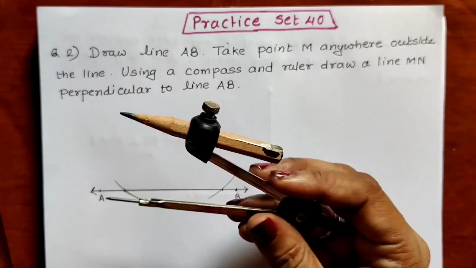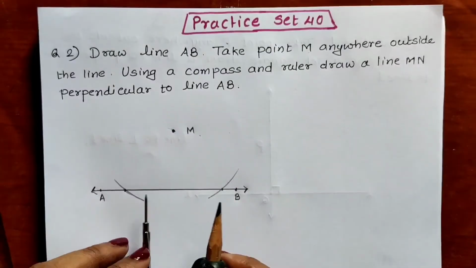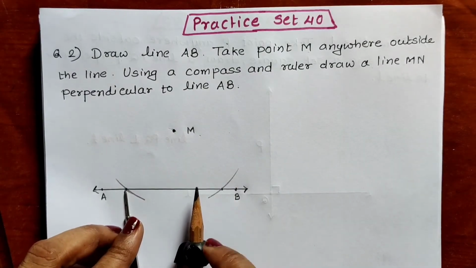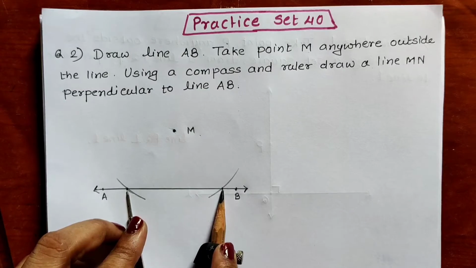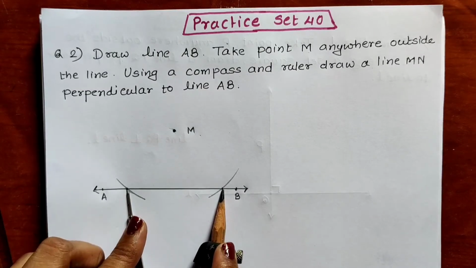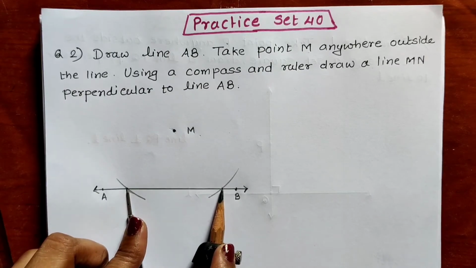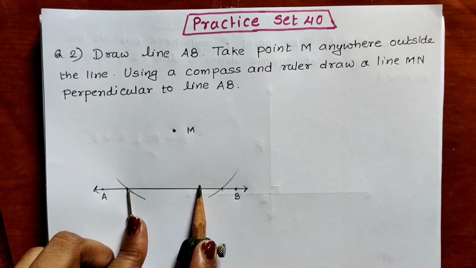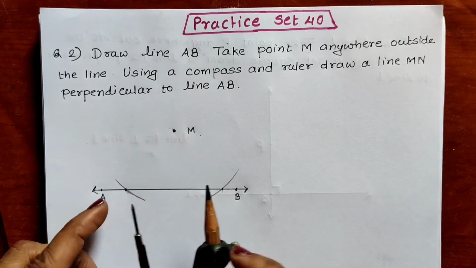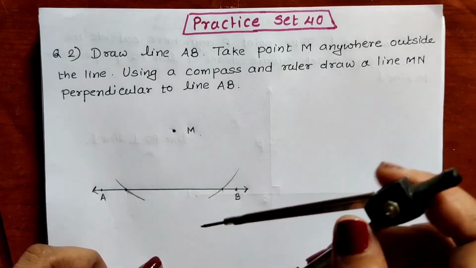Now what we have to do? We have to take a certain distance. This is our segment, and the distance between the two points of the compass should be more than half. It is approximately, okay, approximately more than half. Now what we have to do?